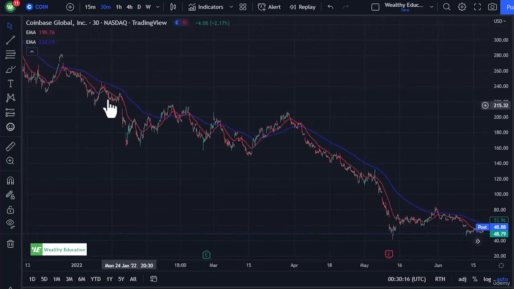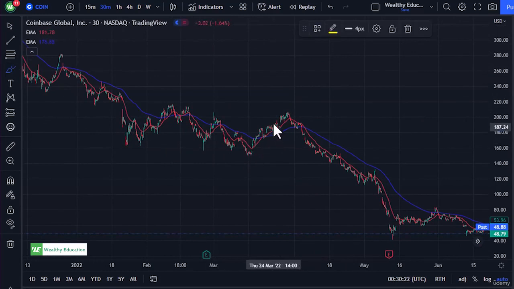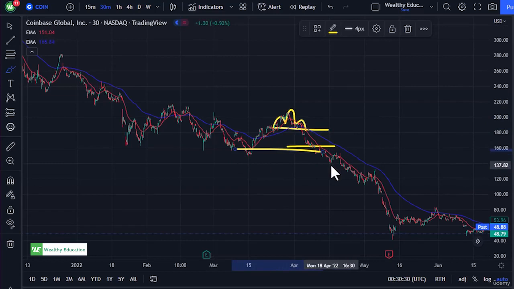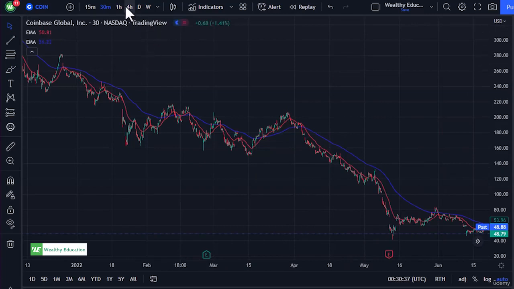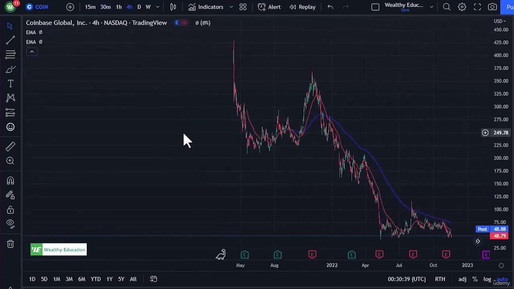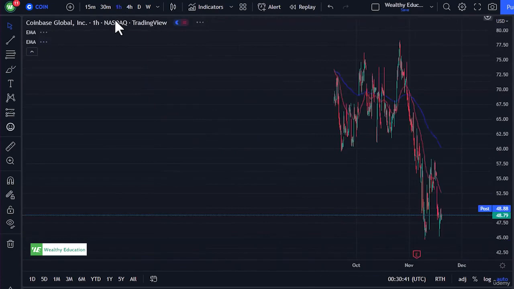Okay, so we've been drifting lower. Again, this is a recovery, but there's your little head and shoulders. Not a huge one, but we did get our target, which also coincided quite nicely with that previous support level. That's on the 30-minute chart, so it shows you how it can happen.